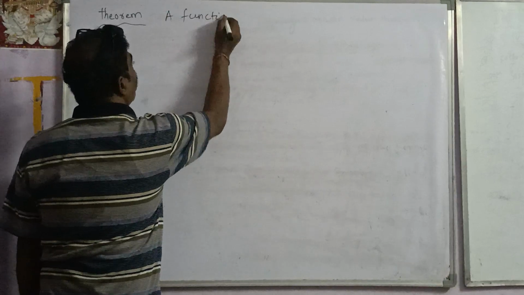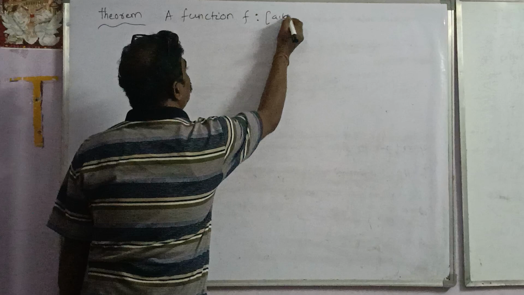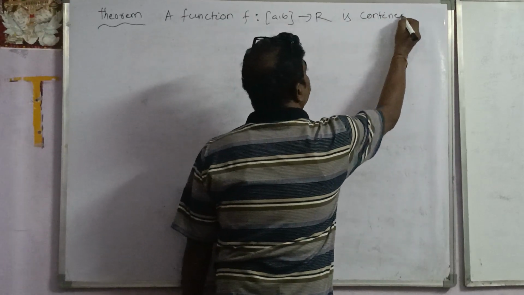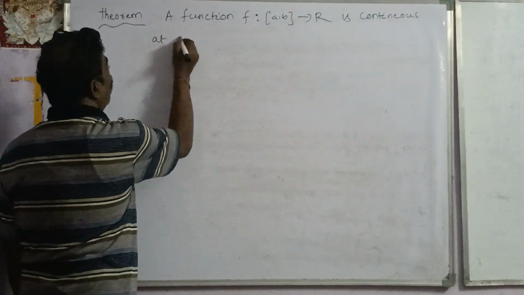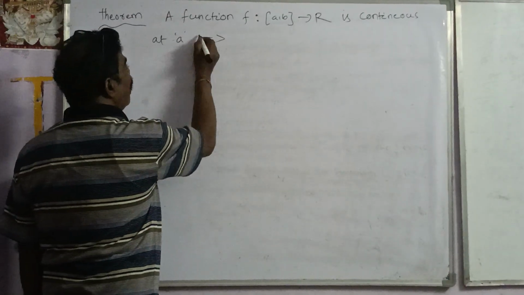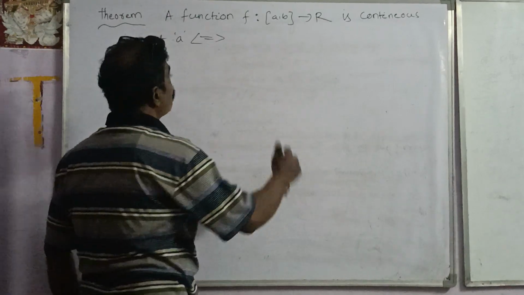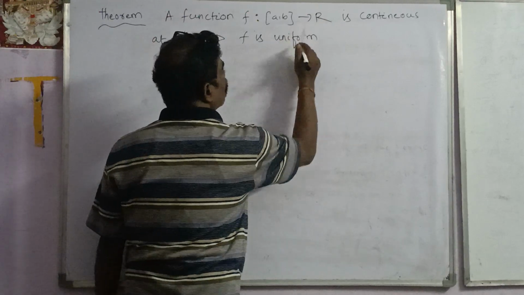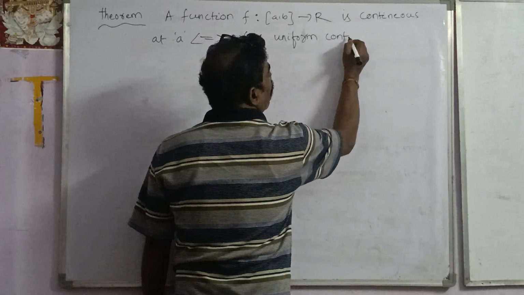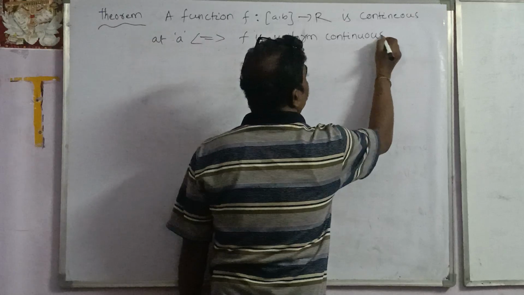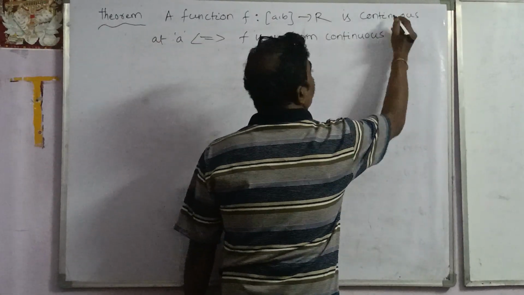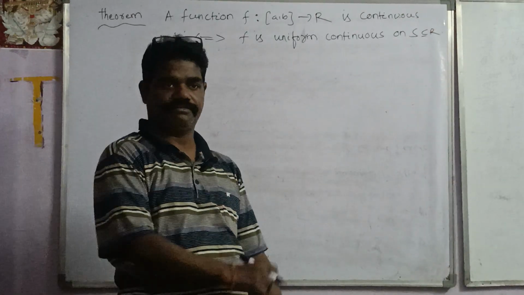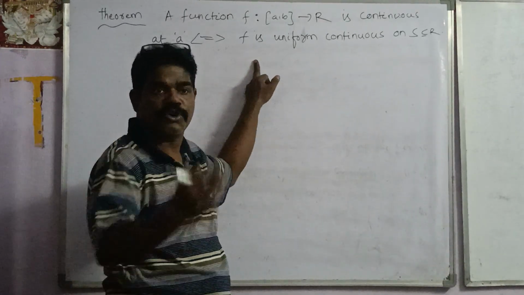A function f maps from closed interval [a, b] to R is continuous at a if and only if f is uniform continuous on S subset of R. In this theorem, two parts are there.